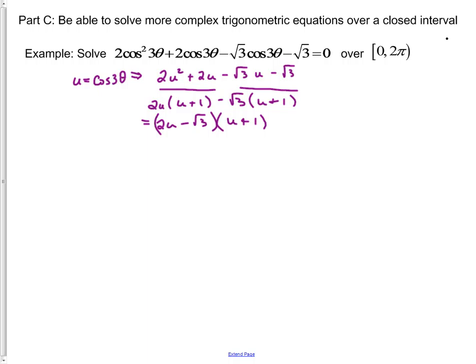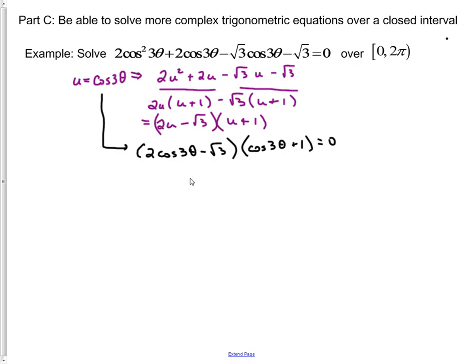Now, we should go back and, of course, make the substitution back into our original equation here. But this time, let's use the factored form. We have 2 cosine of 3 theta minus radical 3 in one factor, and we've got cosine of 3 theta plus 1 in the other factor, set equal to 0.